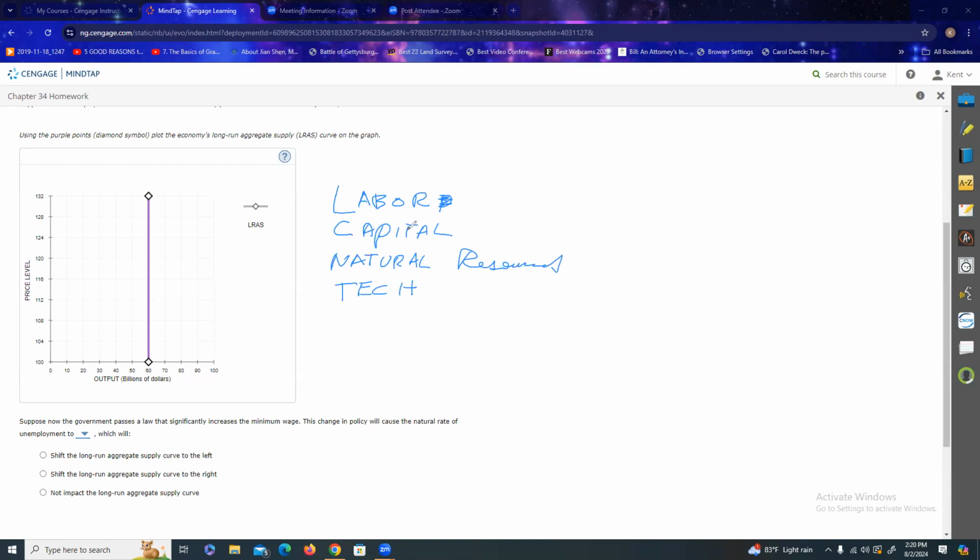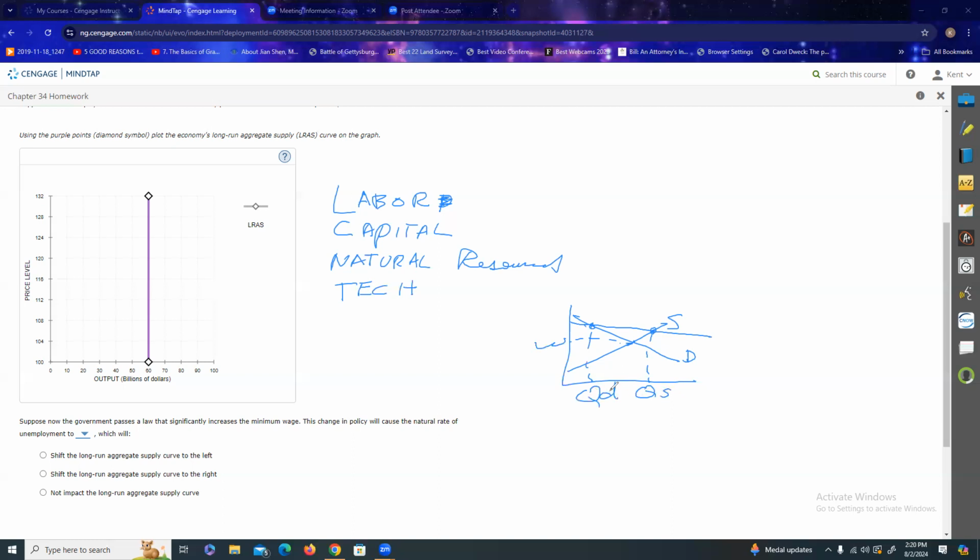And so it says, suppose now the government passes a law that significantly increases the minimum wage. Well, here's our supply and demand for labor, and here's the equilibrium wage level. It says significantly increases the minimum wage, so we are to assume that this is going to be a binding minimum wage. It's going to be up there somewhere. Labor supply is going to be here, and labor demand is going to be here.